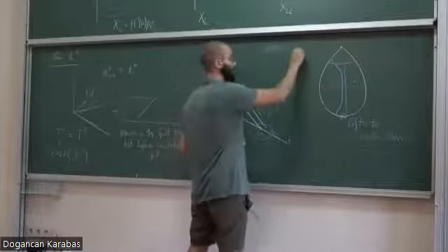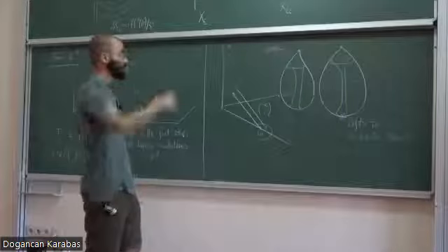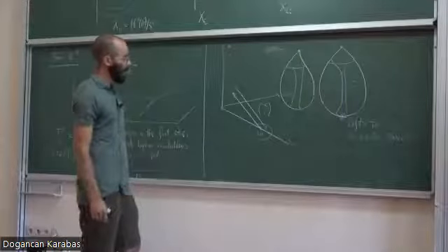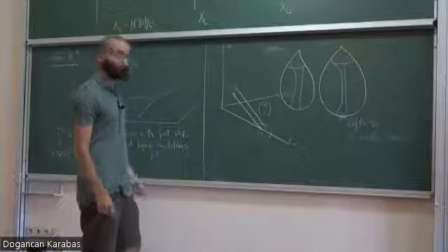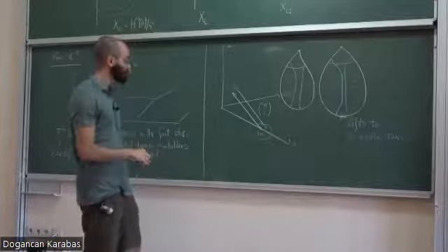And then the two circles are Hamiltonian isotopic. This can be deformed into this, preserving areas. And so the lifted tori will also be Hamiltonian isotopic. Right, okay.